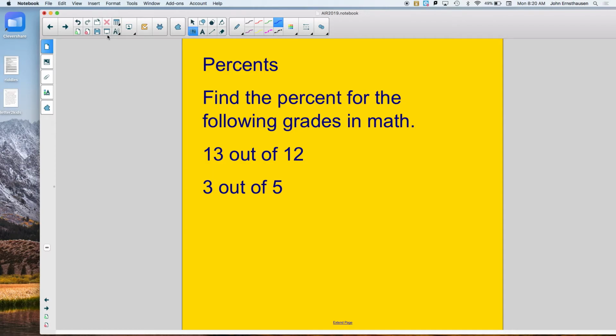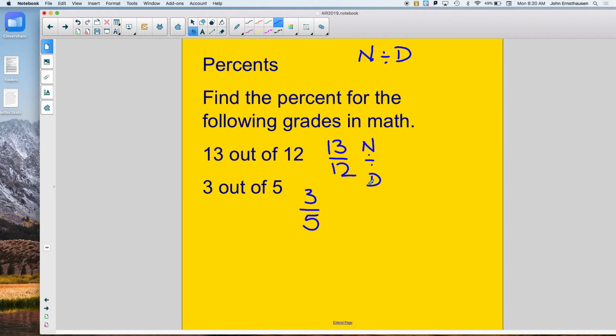Okay, so if you write this as a fraction and you're looking for a percent, you do the numerator divided by the denominator. 13 out of 12. No. It's not denominator divided by numerator. Guys, everybody look up here. This is called your numerator. This is your denominator right here. The 13 is the numerator.